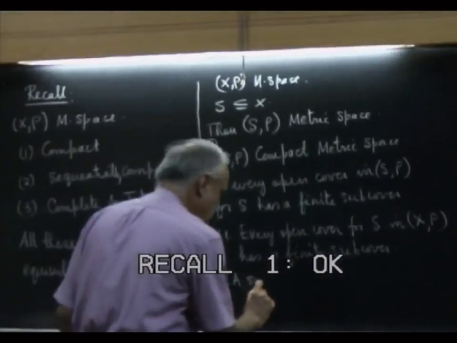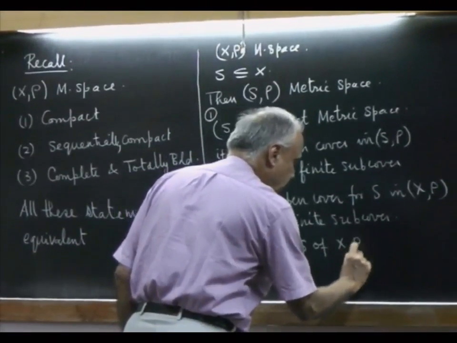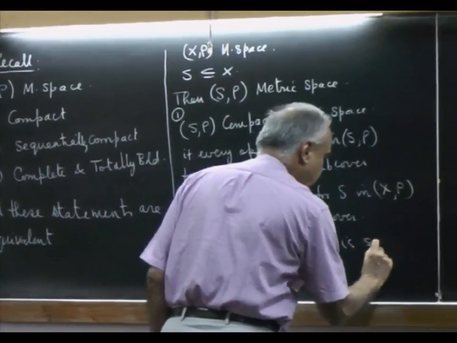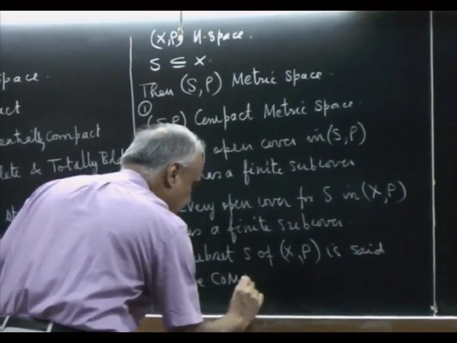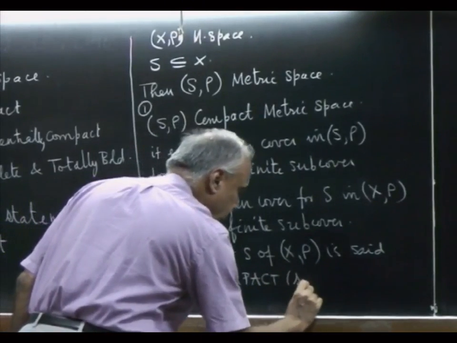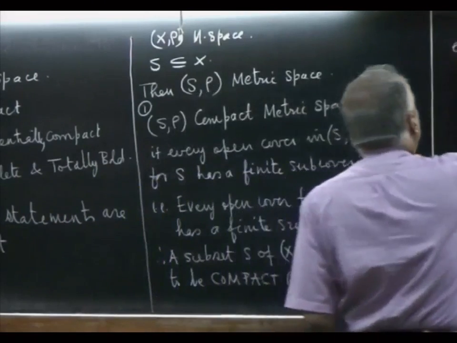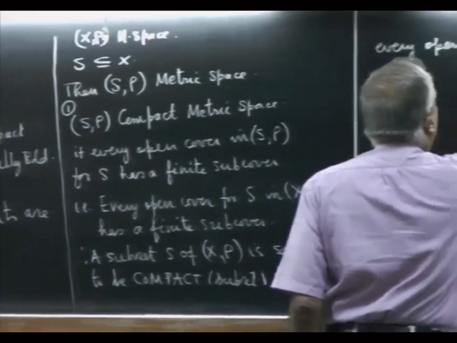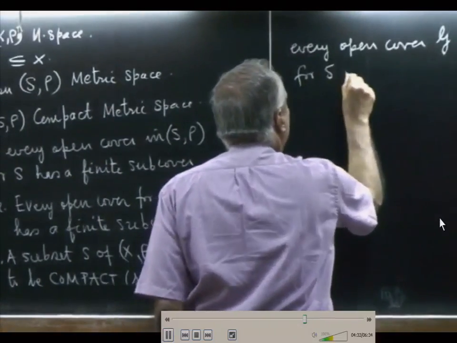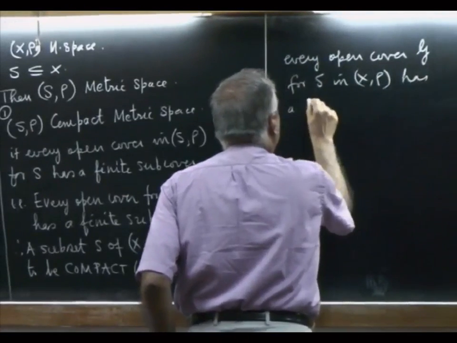So therefore a subset S of a metric space (X, rho) is said to be a compact subset if every open cover G for S in (X, rho) has a finite subcover.